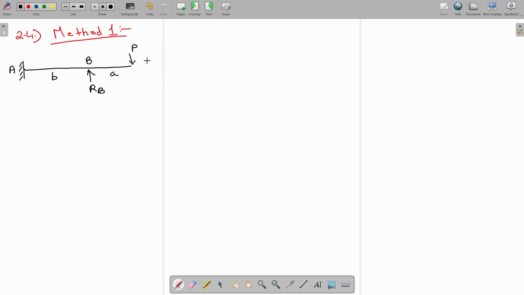Now what we are going to do is take the moment for the span BC, say this point is C. For the span BC, we are going to consider the moment acting at this point. We are going to consider the moment PA acting at the point B. So we can write it like this.